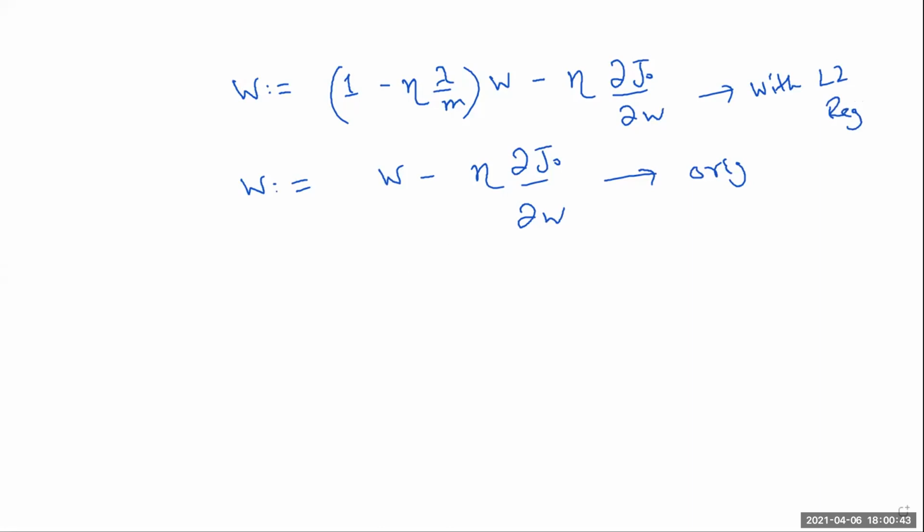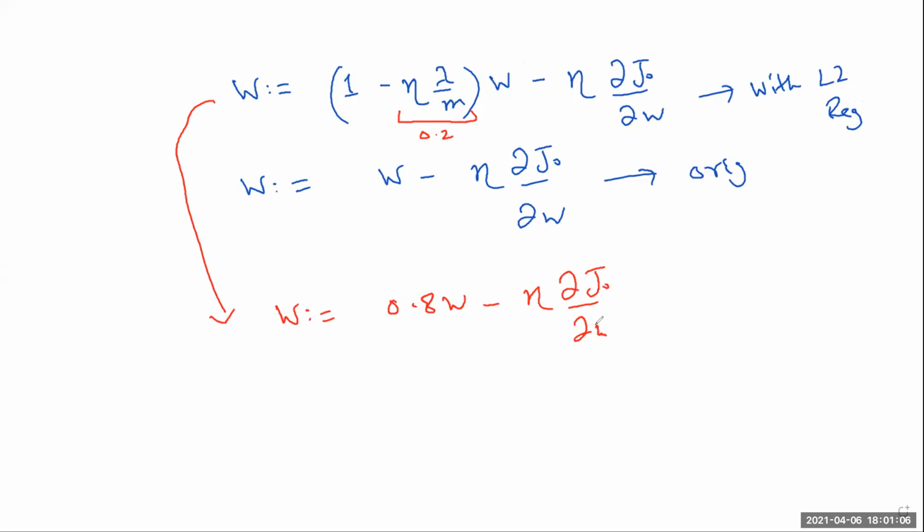Suppose this term, I'm just taking a hypothetical example just to explain it, suppose this term comes out to be say 0.2. So what actually will be happening? 1 minus 0.2 is 0.8. So this would actually become something like 0.8 w minus, okay, this is just an example.